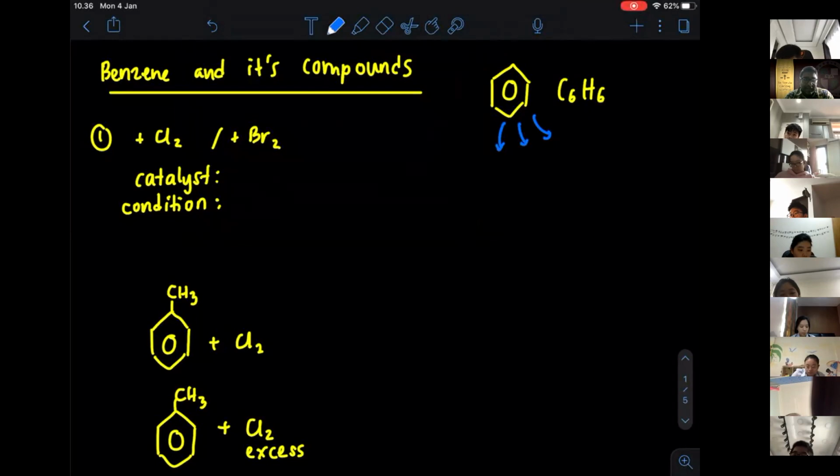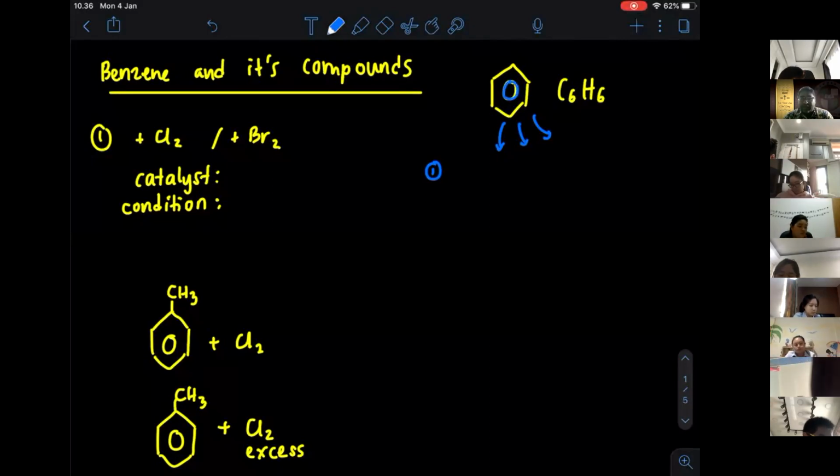Not only C6H6, but maybe when we look at something that has benzene, what are the reactions that we look into? The main reaction is going to be the main one, because there are delocalized electrons in the circle over there.